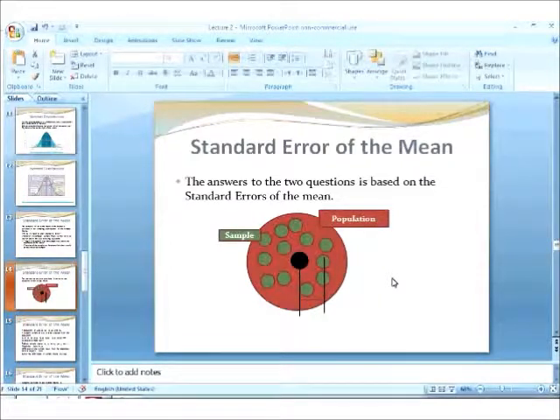What is the standard error of the mean? How much is the mean deviated? So out of that population, we took several combinations, several small subsets. Those subsets we are calling samples, right?